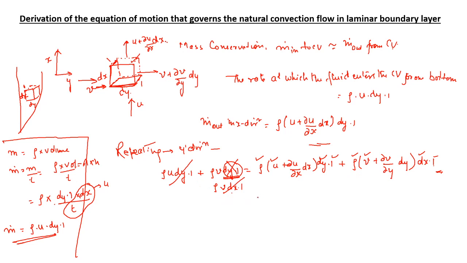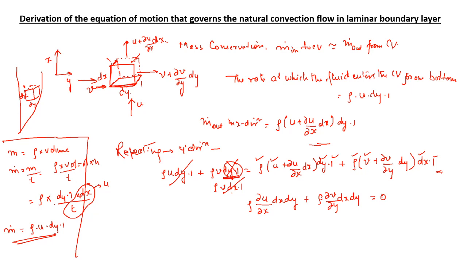So what we have remaining is rho times ∂u/∂x dx dy plus rho times ∂v/∂y dx dy equal to 0.